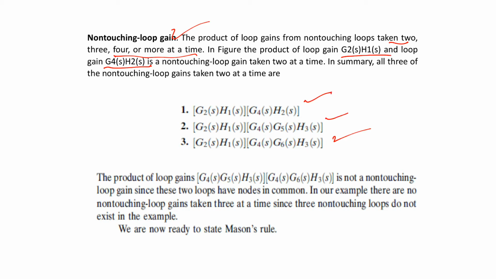That is, 3 non-touching loops don't exist in this case, and we have only the 2 non-touching loops.